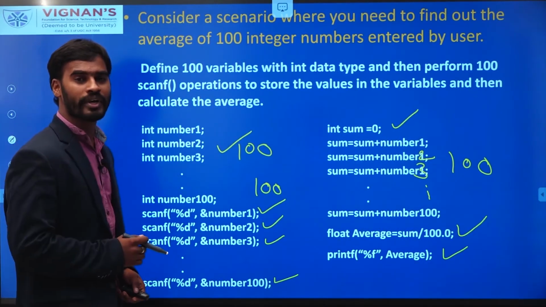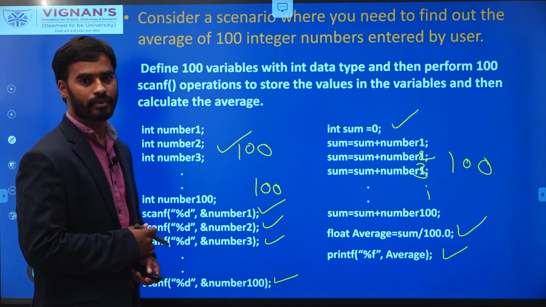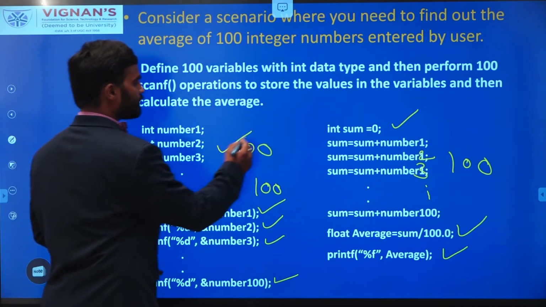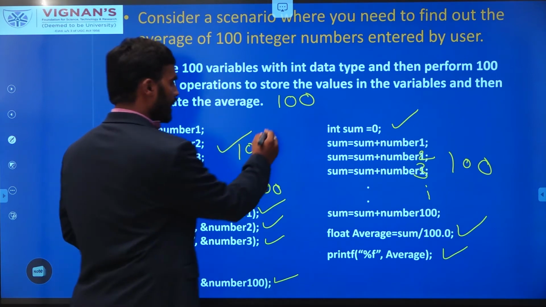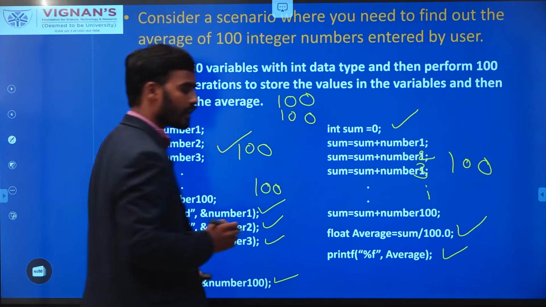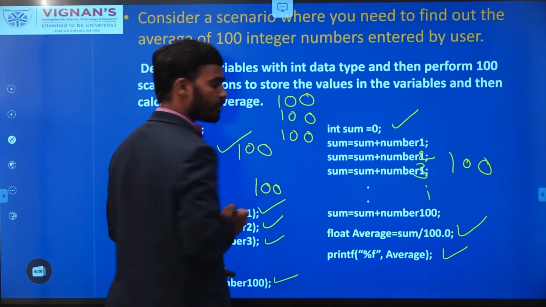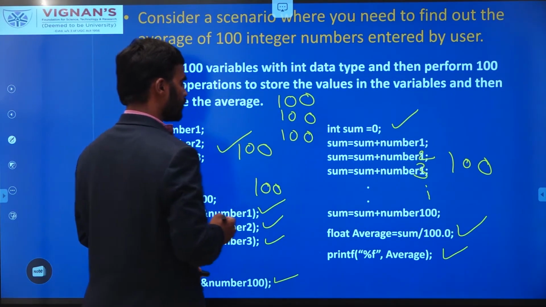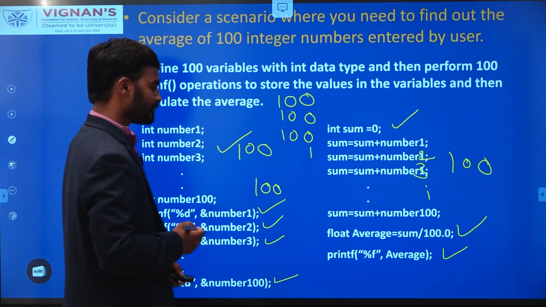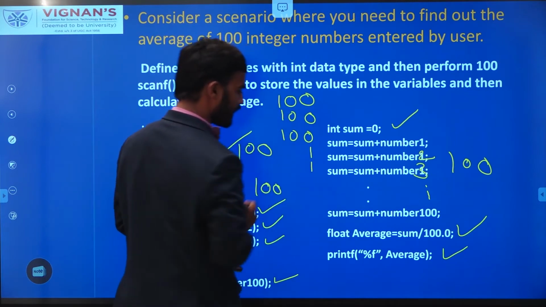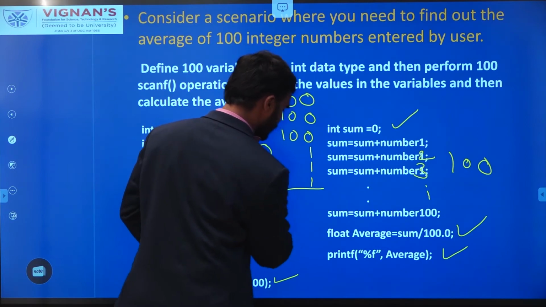Let's count how many statements you need to write to find the average of 100 given numbers. 100 statements for declaring 100 variables, 100 statements for reading 100 variables, then 100 statements for adding 100 numbers, then one statement for initializing sum to 0, then one statement to find the average, then one statement to print the result.